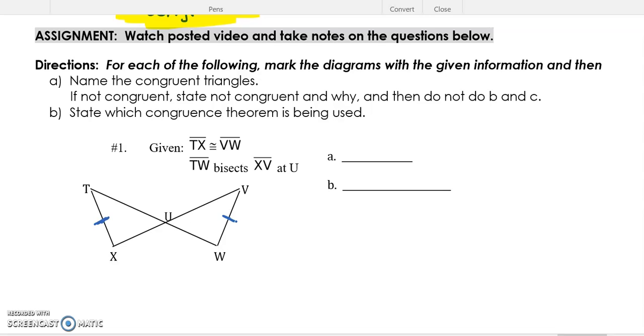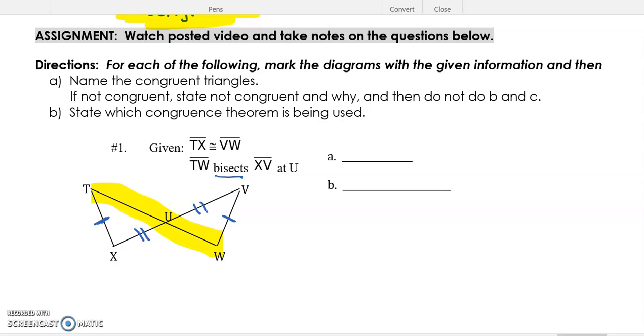Then segment TW bisecting XV means that TW is doing the bisecting and will split XV into two congruent parts. So now I have 2 more segments that are congruent.